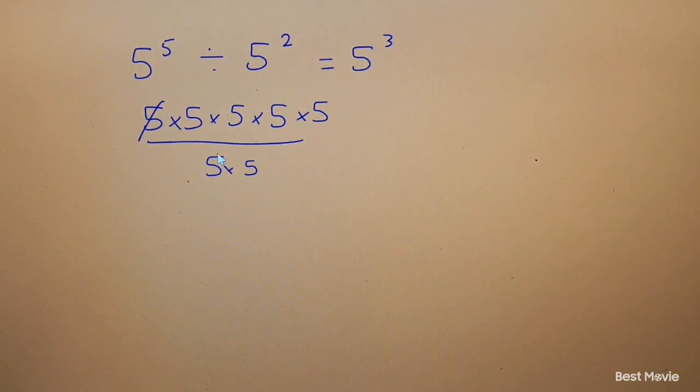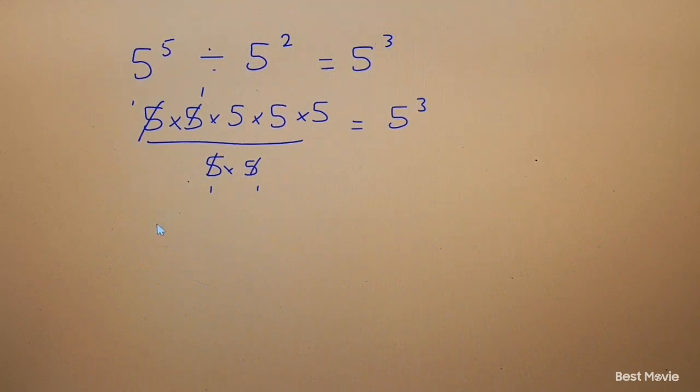So 5 divided by itself is 1. 5 divided by itself again is 1. And then the numerator is 5 times 5 times 5 times 1, which is 5 cubed. And the denominator is 1 times 1. So any number that you're dividing by 1 is that number itself.